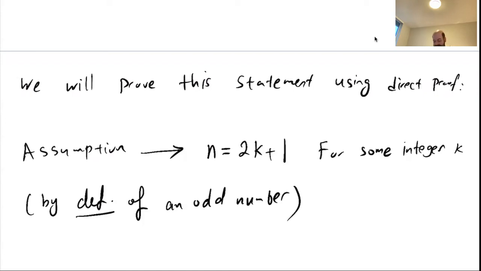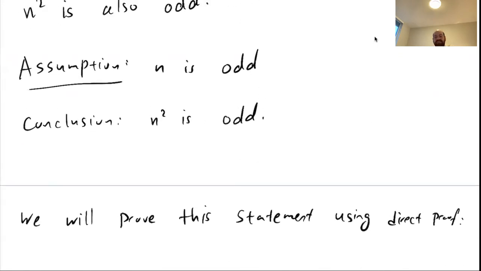Okay, so we started with the assumption, used the definition, and concluded that n is of the form 2k plus 1. Now, please remember, when you're writing your proof, you always have to have in mind what you want to reach at the end. At the end, I want to reach my conclusion, which is that n squared is odd. Based on your goal, you can decide what you have to do in the middle, right? This also happens in daily life. Let's say you want to go from college to your home. Starting point is college, end point is your home.